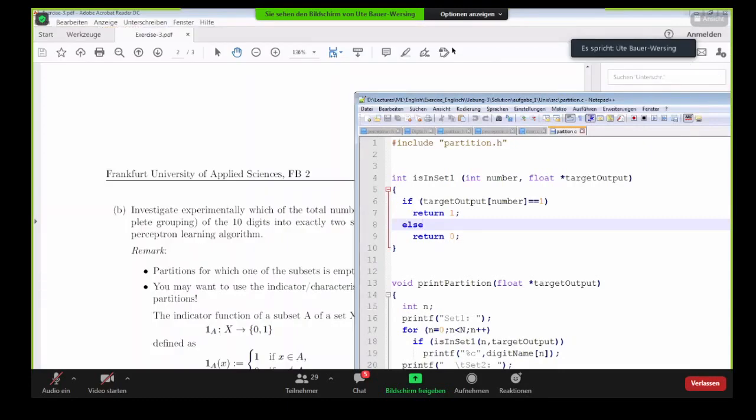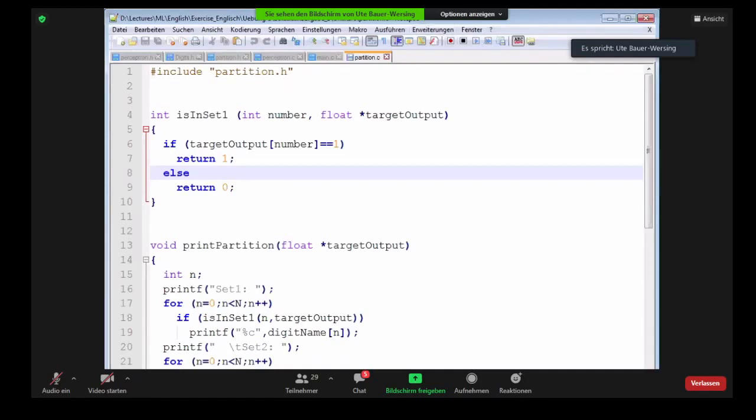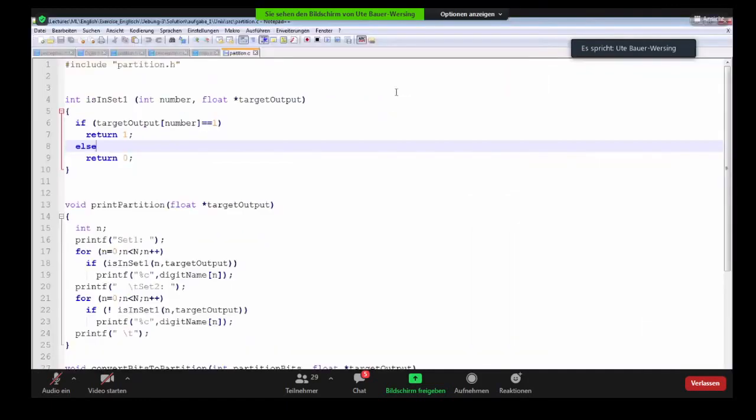All right, here we go. You should see some tabulator stuff in the editor.